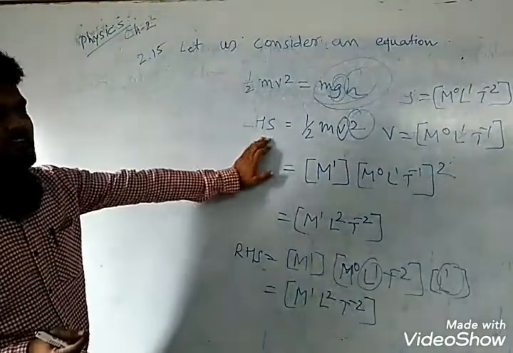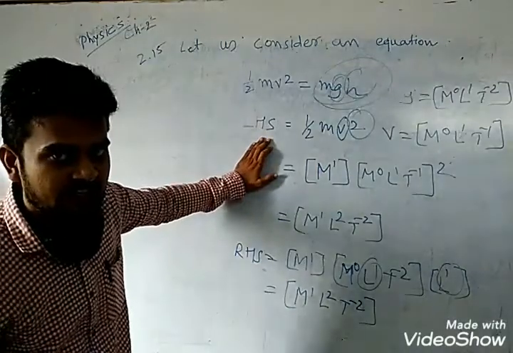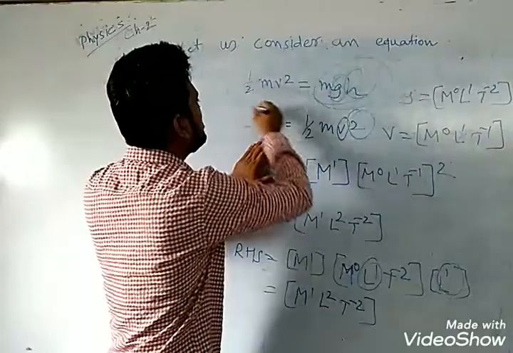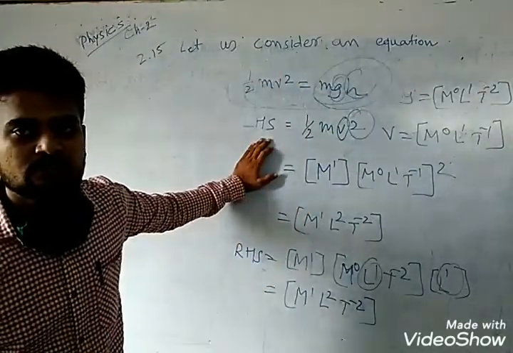So here left hand side is equal to right hand side, meaning this equation is dimensionally correct.